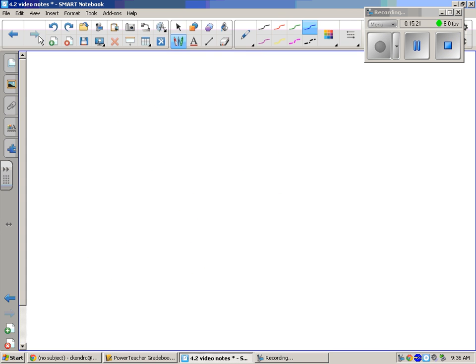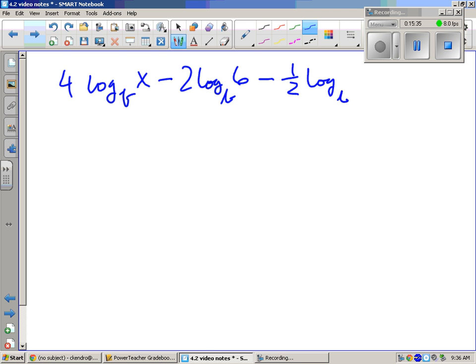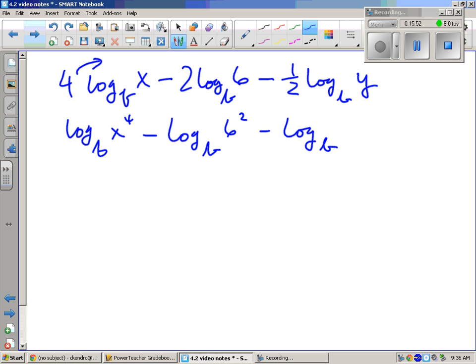All right, I think we're doing pretty well here. I've got one more example and then one more rule here. So 4 log base b of x minus 2 log base b of 6 minus 1/2 log base b of y. All right, notice we have 3 parts. I do have some powers, so let's put those back. So log base b of x to the fourth, log base b of 6 squared, minus log base b of y to the 1/2.